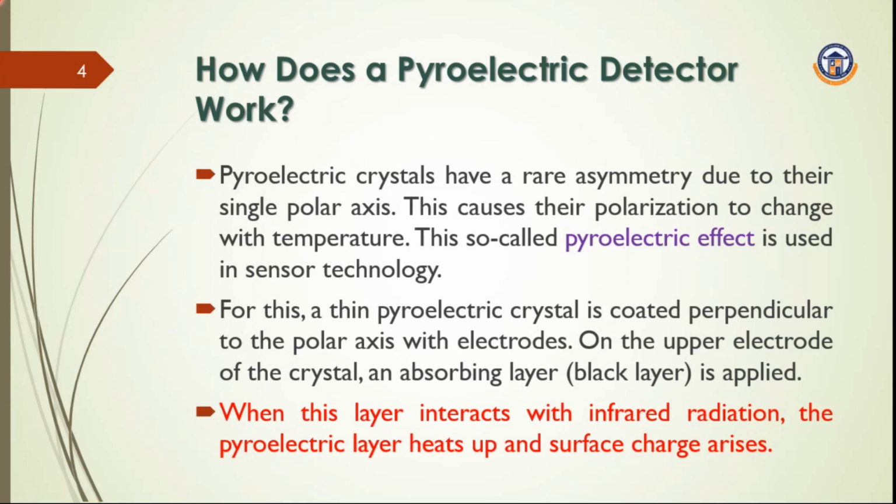It absorbs the IR rays, and heat will create temperature changes on the black layer. That black layer interacts with the IR radiation and heats up the pyroelectric layer. When the pyroelectric layer is heated up, surface charge changes are created. Those surface charges initiate the temperature measurement.